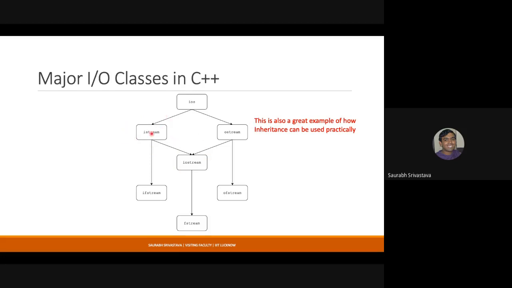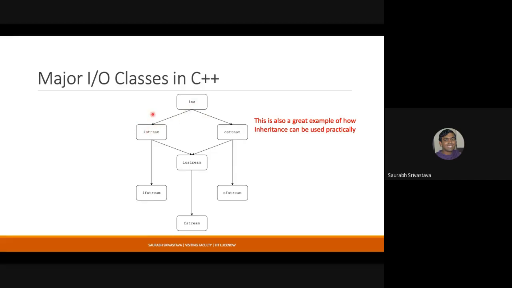You know that istream, it's quite intuitive, is an input stream and ostream is an output stream. Then you can also do this input output using a stream called iostream. Now, if you want to use file handling, if you want to do input output over a file, they have two more streams, ifstream and ofstream, and these streams derive from their respective input and output streams, which were deriving from ios.